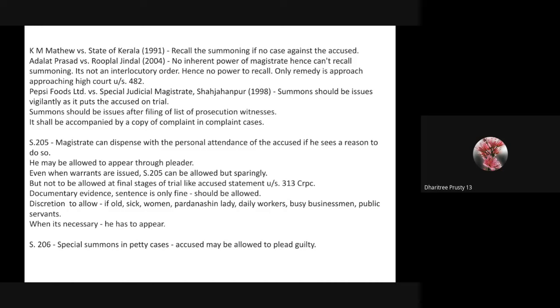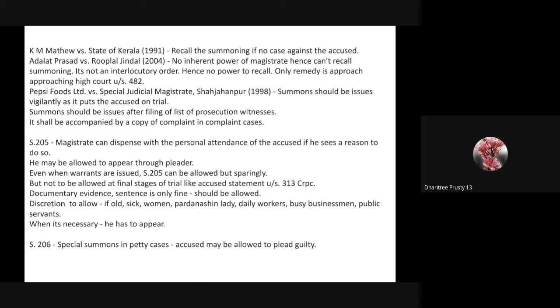Also busy businessmen who cannot attend court regularly, and public servants, because obviously the public at large will be affected if a public servant is called every other day to appear before the court. In such cases, there is a discretion to allow 205. And when it is necessary, the court can direct that he will appear before the court, even if the dispensation of personal attendance is in force.